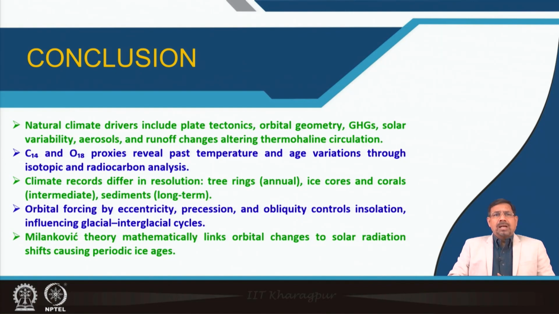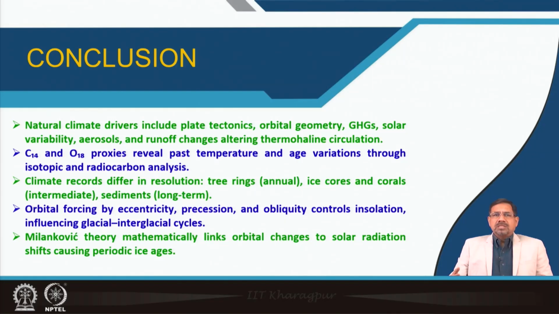One, natural climate drivers include plate tectonics, orbital geometry, greenhouse gases, solar variability, aerosols and runoff changes that together alter the thermohaline circulation. These together explain the mechanism of climate change.